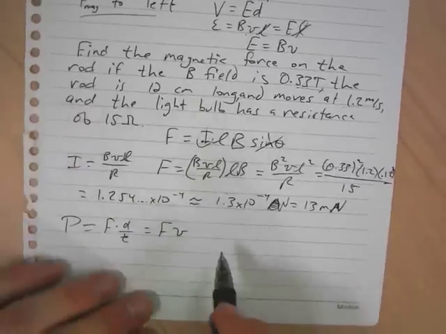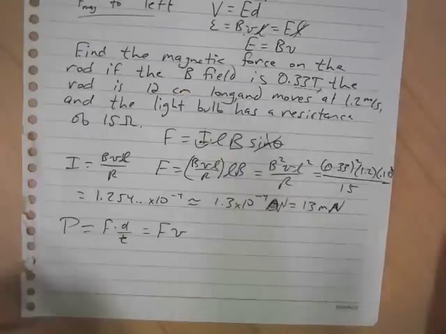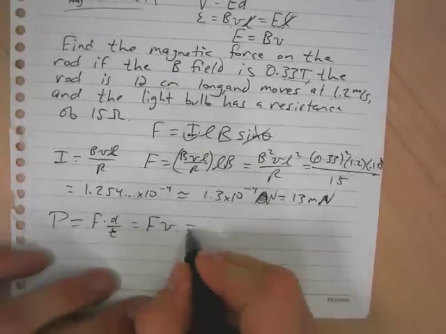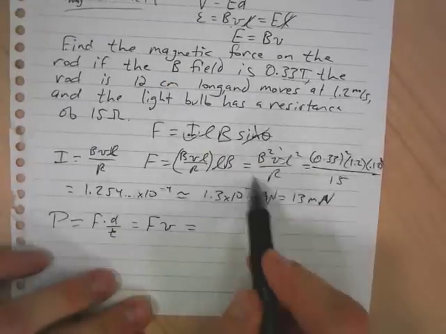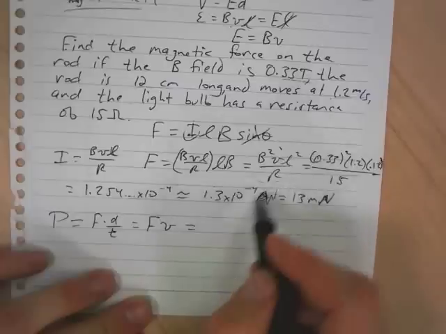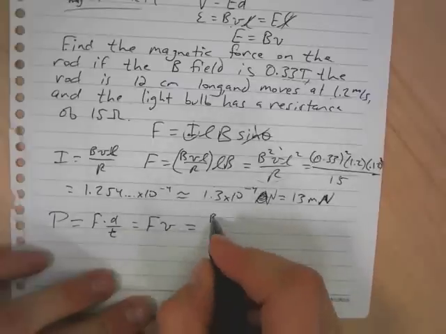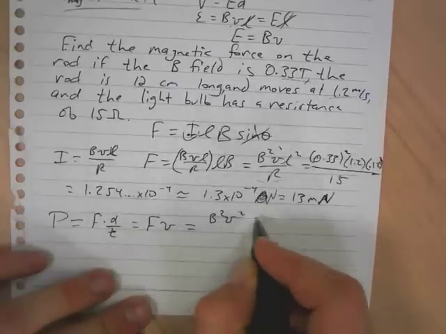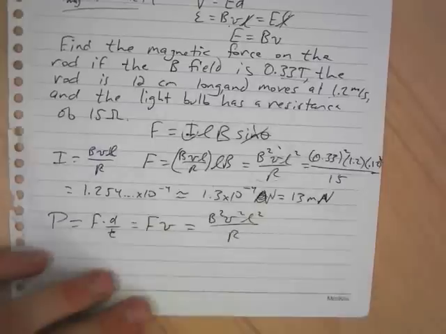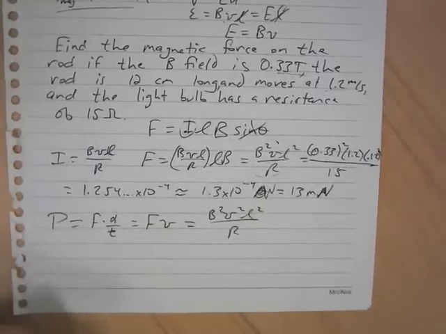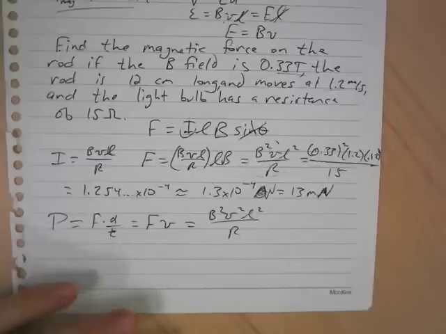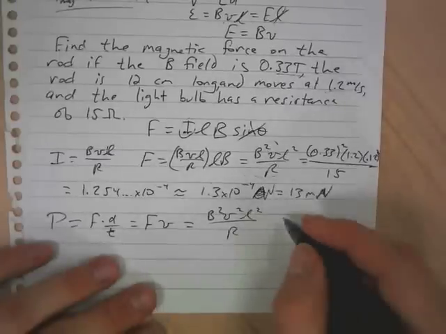And so the power being exerted by the force that's pushing the rod is this force, BVL squared over R times velocity. So that's B squared L squared over R. That is the power being exerted on the rod. However, that's the mechanical power.